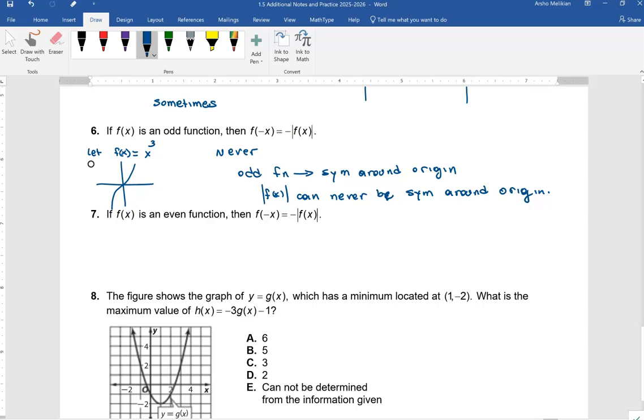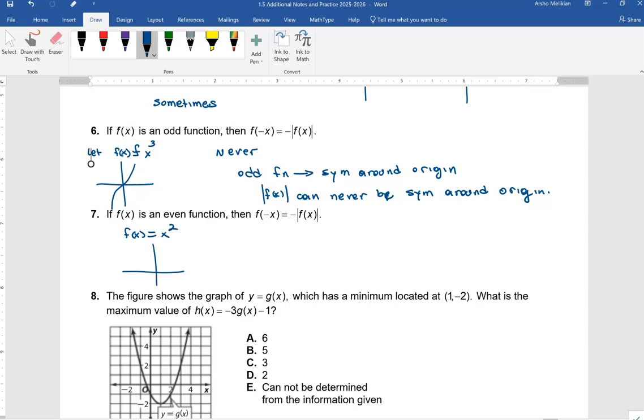Okay, if f of x is an even function, then f of negative x is negative absolute value of f of x. Well, x cubed is not an even function. X squared. Okay, so let's say f of x equals x squared.